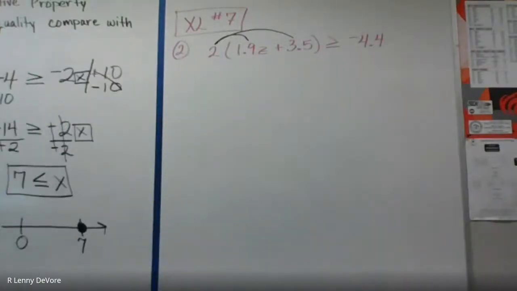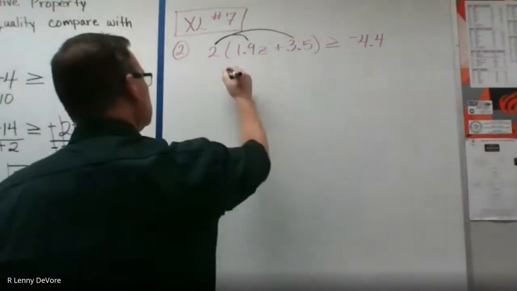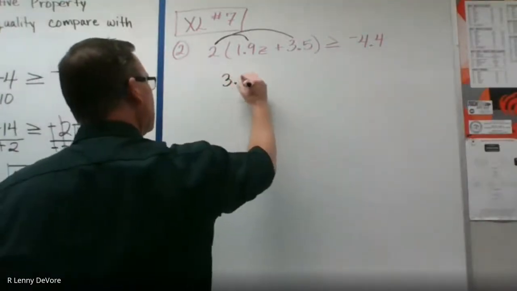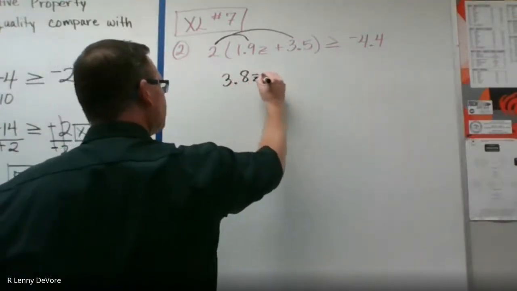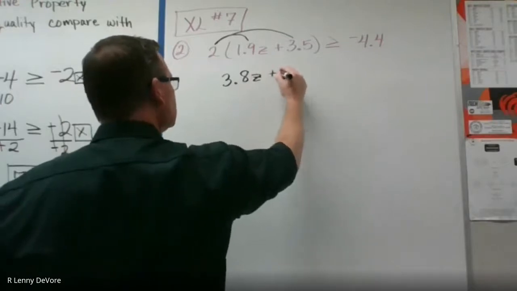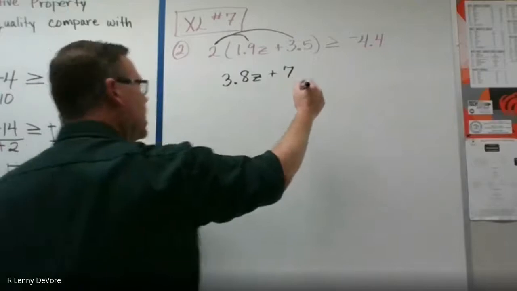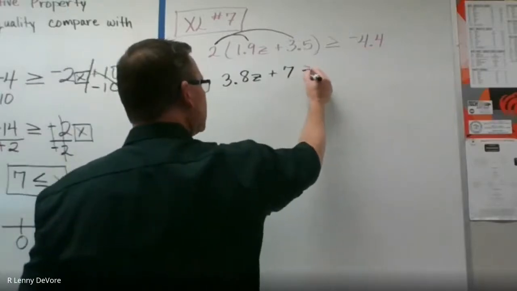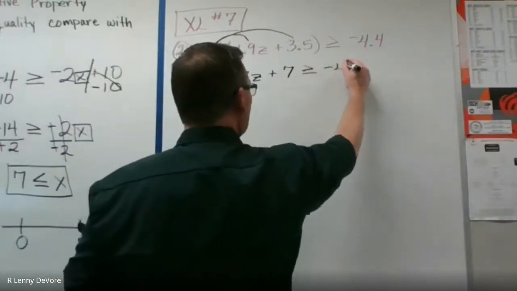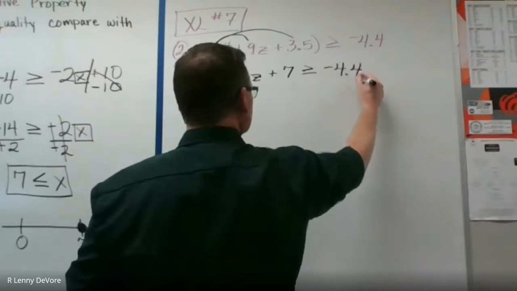I'm just going to grab my notes here. This ends up being 3 8/10 z plus 7, okay? And then this is greater than or equal to a negative 4 4/10.